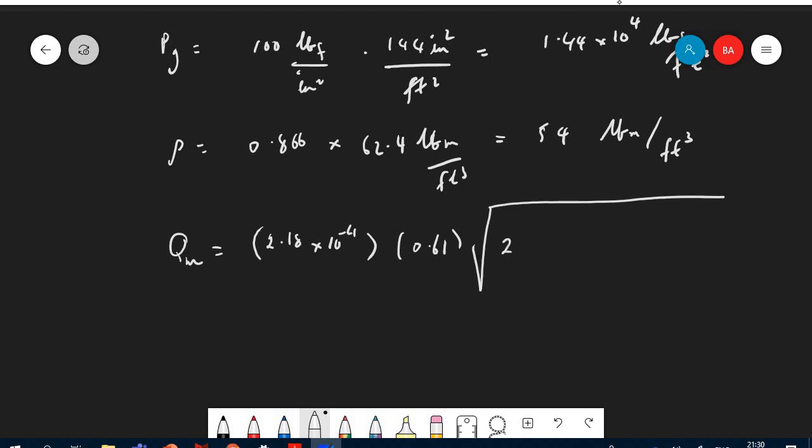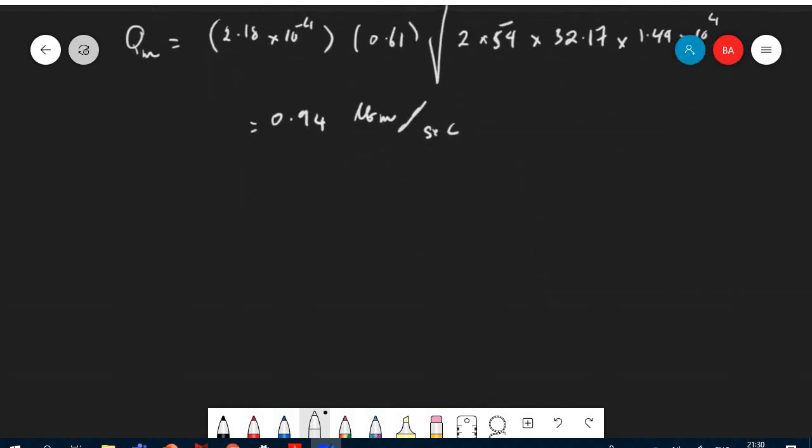So that is 2 times 54 times 32.17 times 1.44 times 10 to the power 4, and by that you're going to get the answer to be 0.94, about 1. Let me write that clearly. So that will be 0.94 pound mass per second, the mass flow rate, right? Great. So that was 4.1.